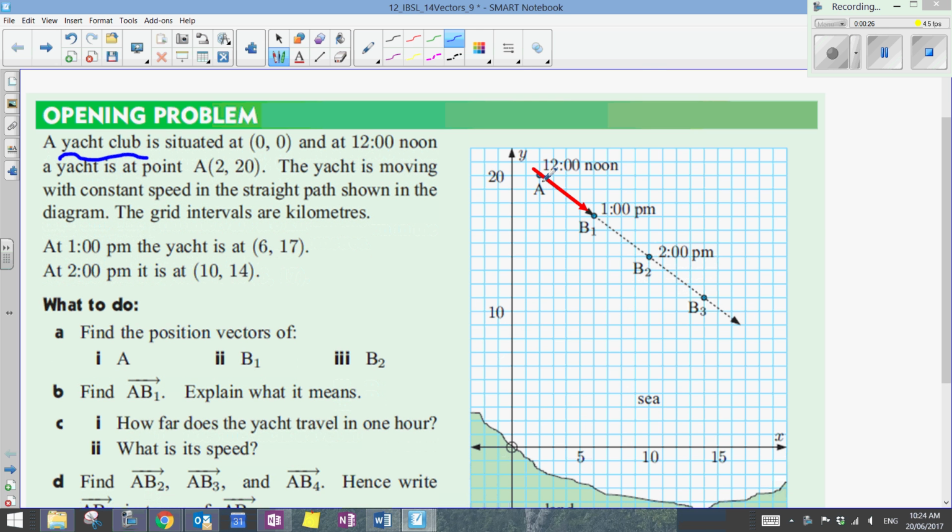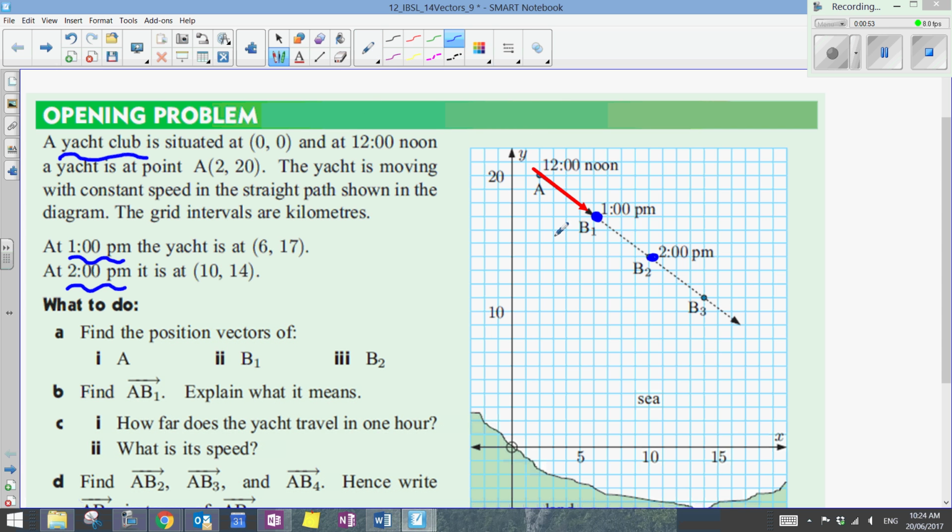So at 12 o'clock noon, the location of it is at (2, 20) on this coordinate grid. And then after 1 hour passes, so at 1 p.m., the yacht is now at (6, 17), so right here at this location. And then at 2 o'clock, it's at (10, 14) at this location. So already we can notice that the yacht is traveling in a linear direction.